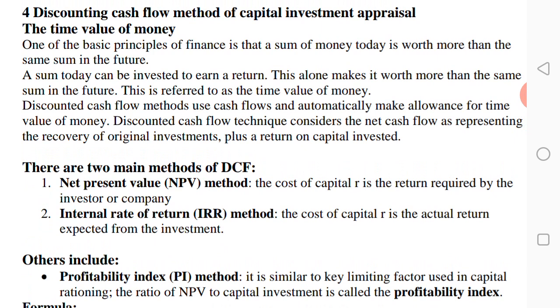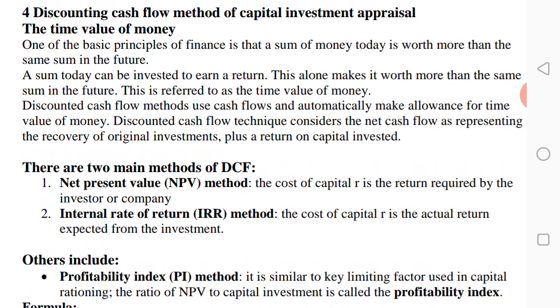So if you kept 20,000 naira in a place 20 years ago, what that money could purchase at that time cannot be bought with the same value now.